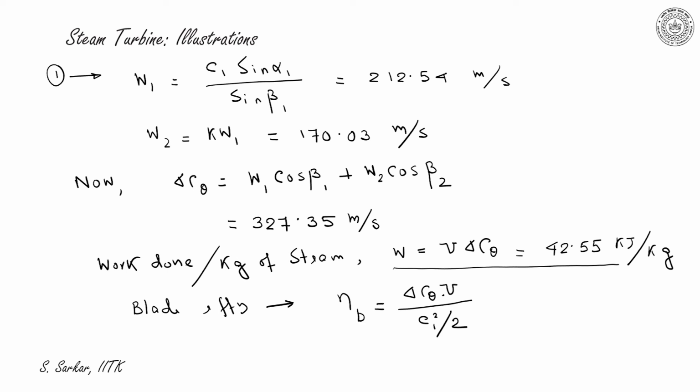You know the value of del C theta, you know the value of U, you know the value of C1, which is 330 meters per second. This is actually twice W divided by C1 square. If you do that, you will get eta B equal to 0.7815. Thus, I have got the blade efficiency as 78.15%.